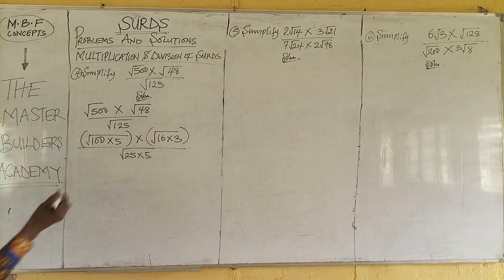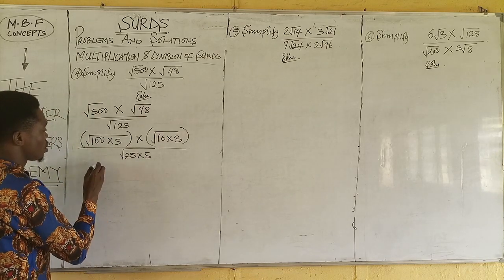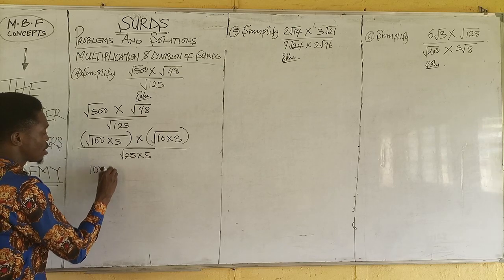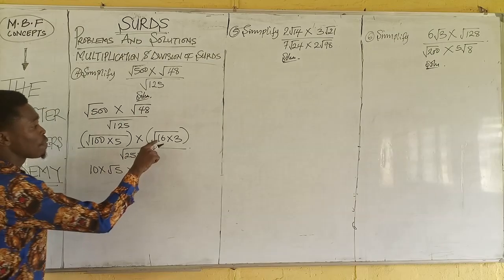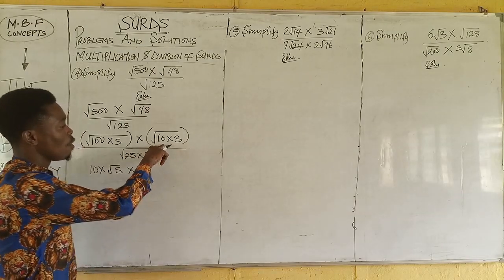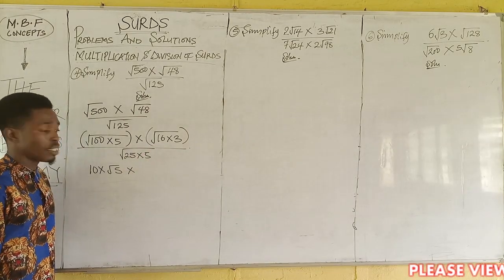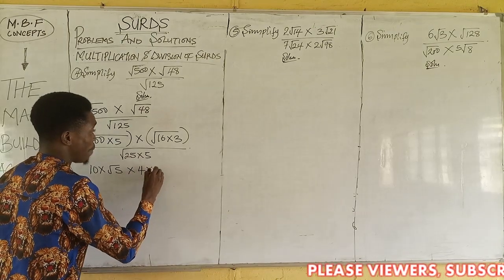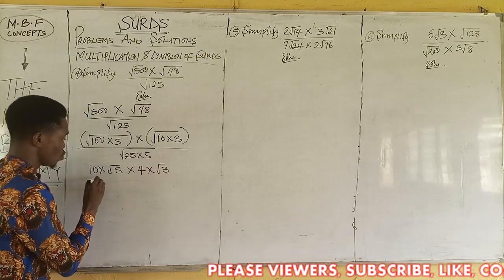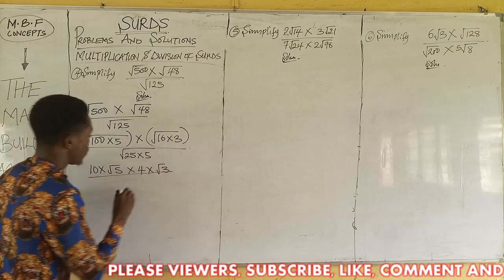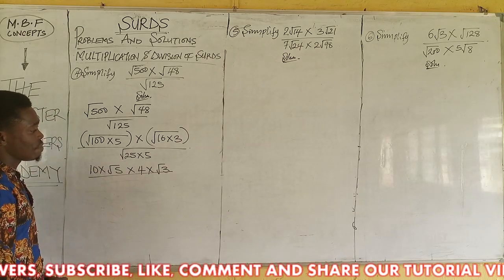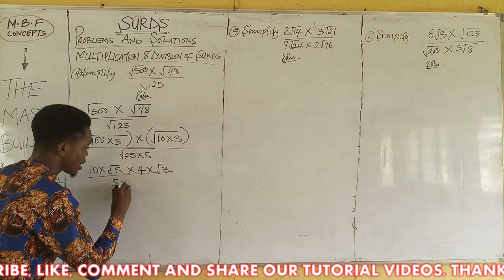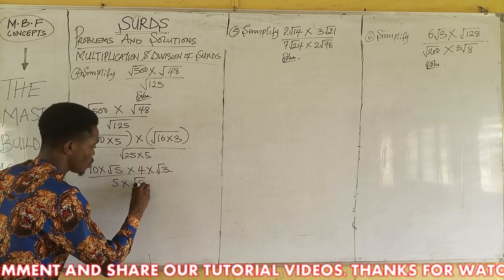Now the next thing we do is that the square root of 100 is 10 times root 5, then times, which is this multiplication side, the square root of 16 is 4, multiplied by the square root of 3, which is root 3, all over the square root of 25 is 5 times the square root of 5 is root 5.